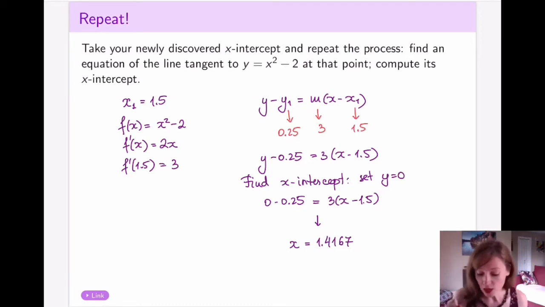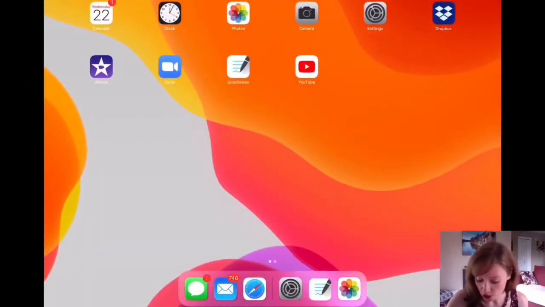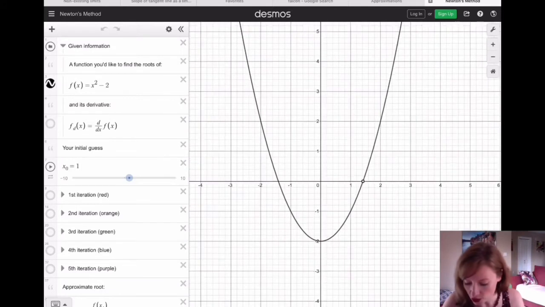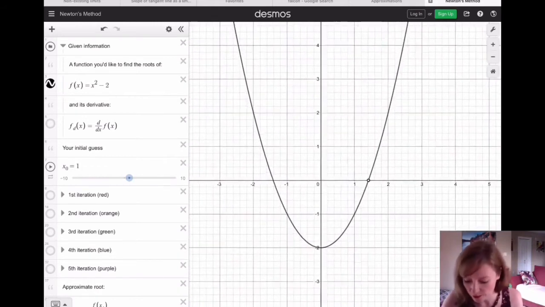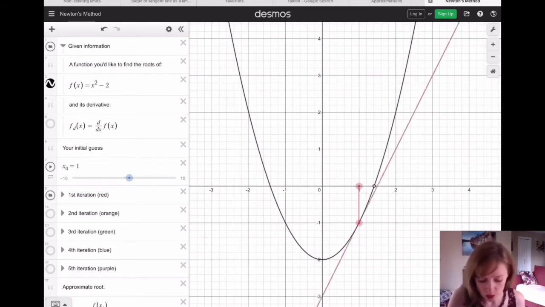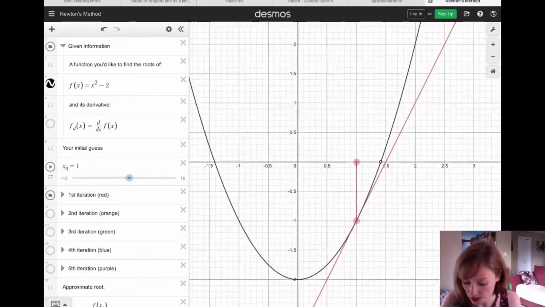Okay, now let's take a look at what actually happens on the graph in this case. So here is where I have my function x squared minus 2, and the little circle indicates the point I'm actually trying to approximate, which is the square root of 2, the x-intercept of this graph. So the method says, the way that we started is I'm going to start at 1, and construct a tangent line at 1. Here is the tangent line at 1.